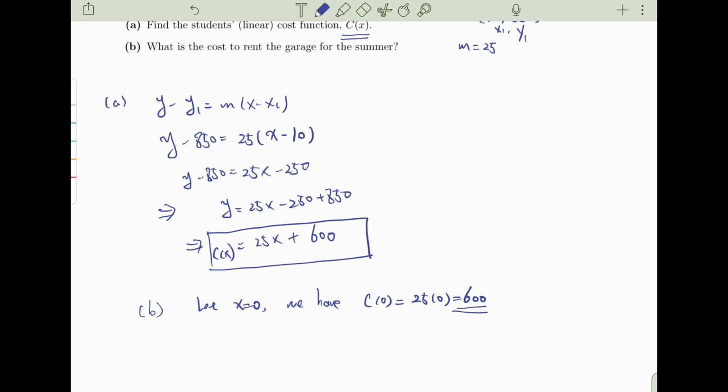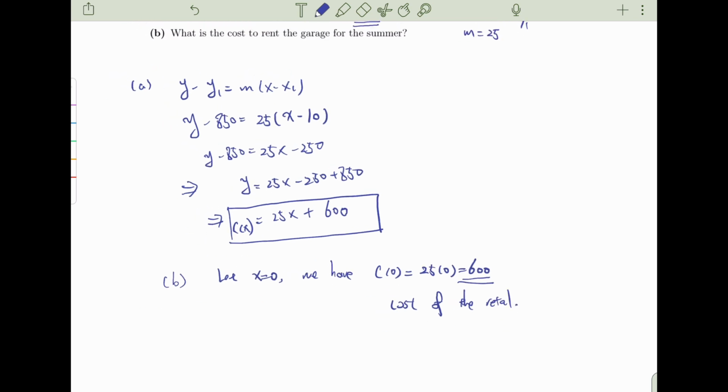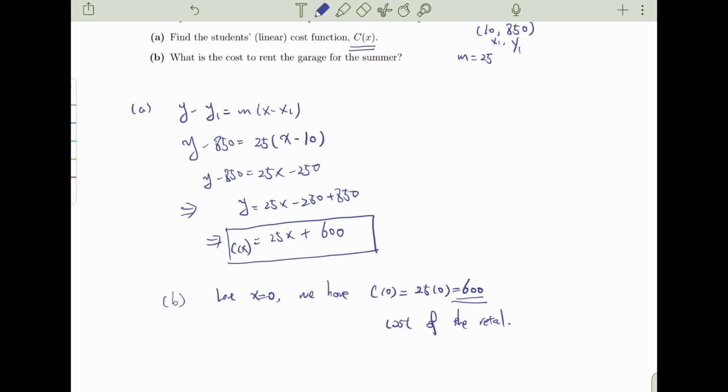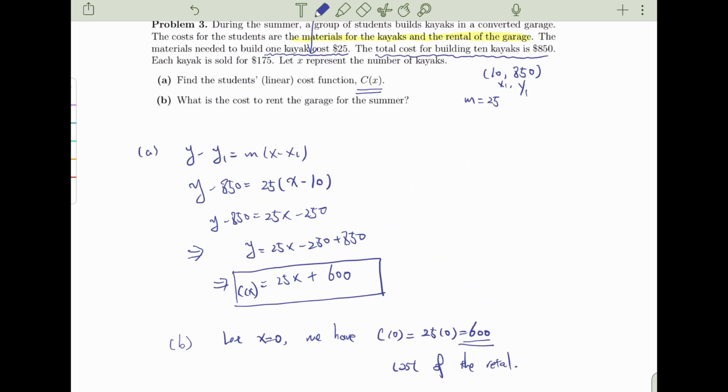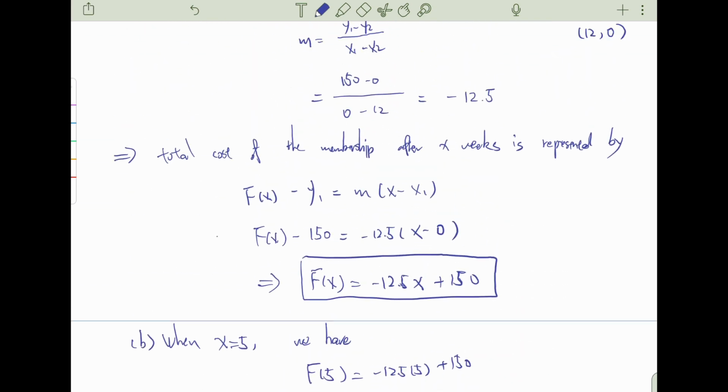That is the cost of rental. Okay, so very simple. Now, is that all? We have question C, right?